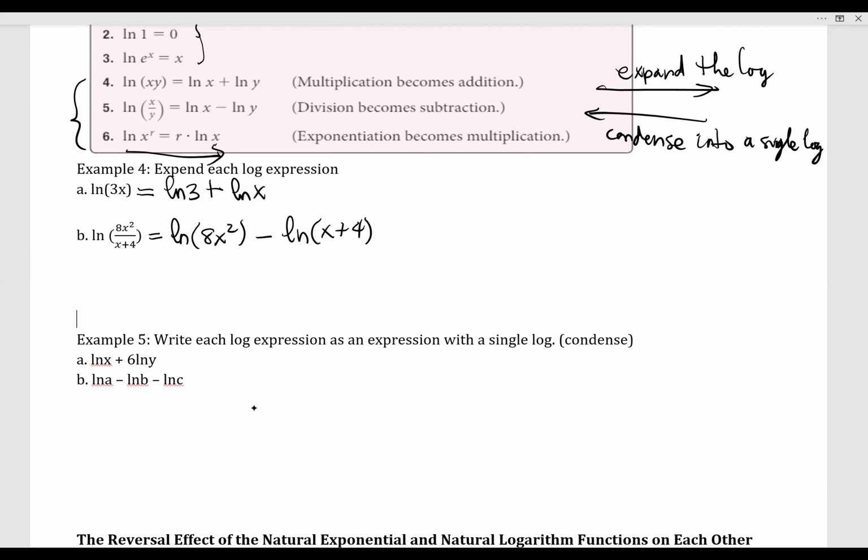Now I'm going to think, can I expand more? So look back at each term here.